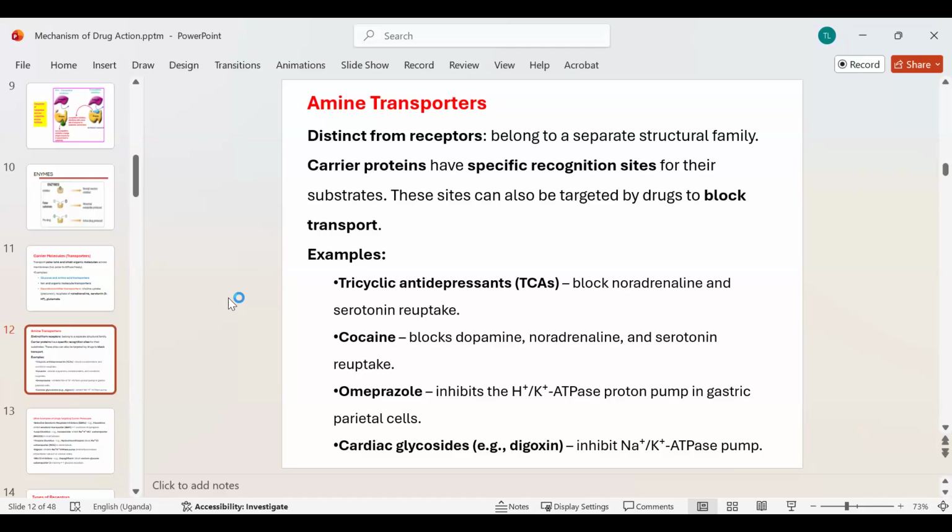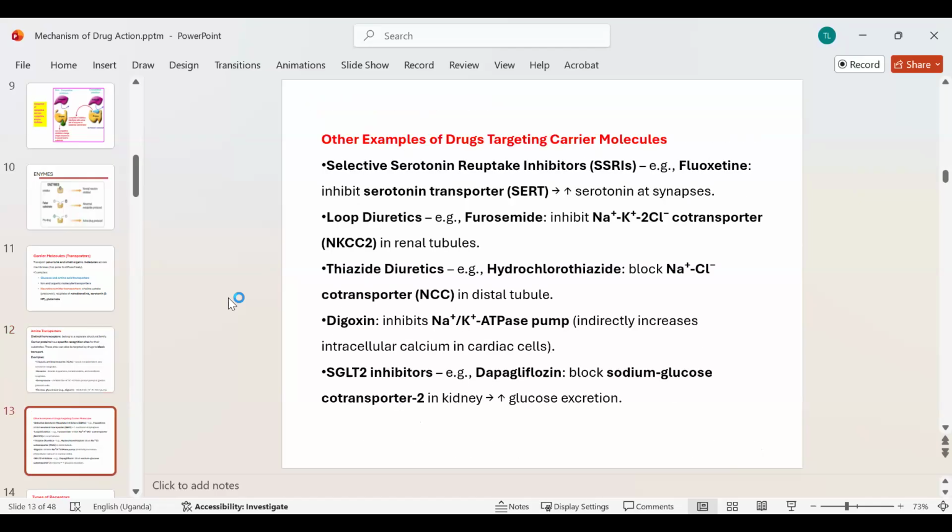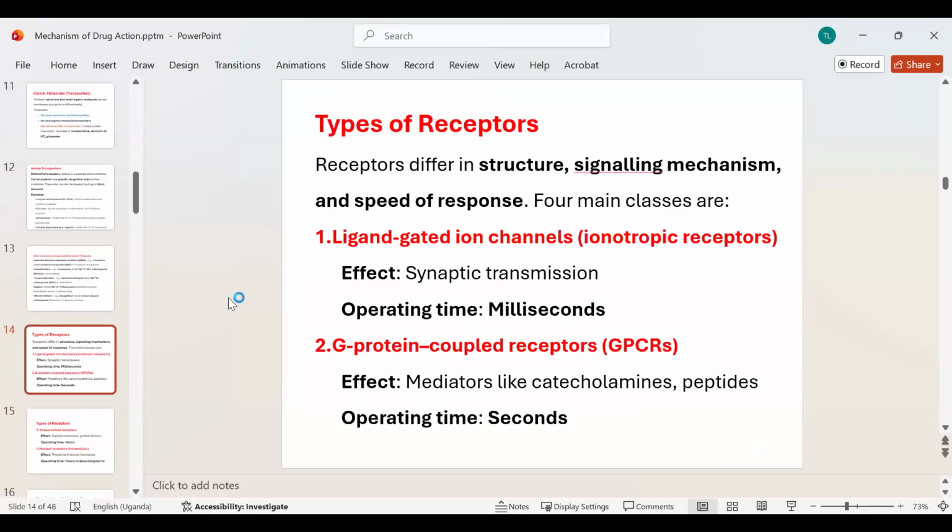So you can see these also target transporters. And we have other examples of carrier molecules which you should read and appreciate as well.